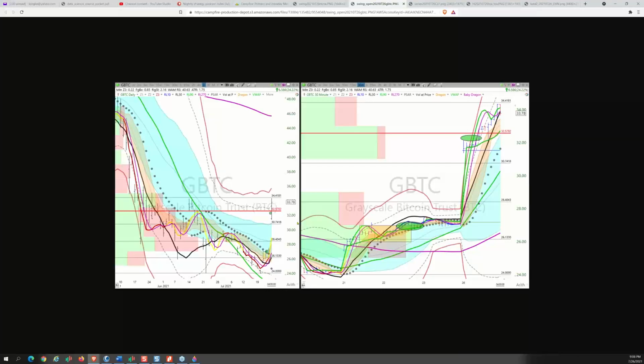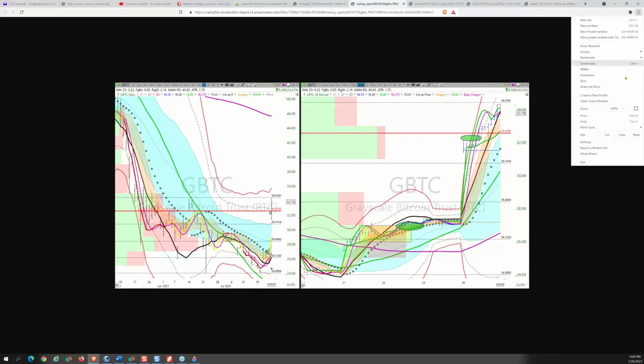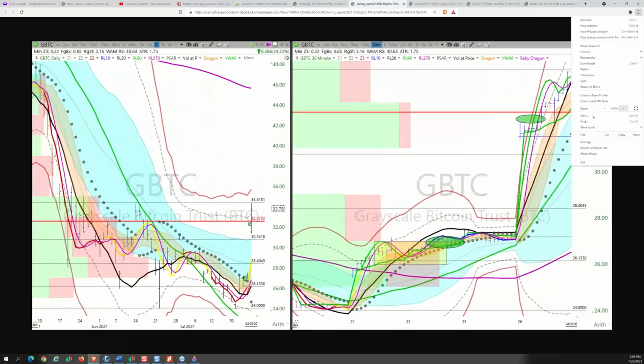This is the Bitcoin Trust. So Ken had the swing at the... How nice is this? Good Lord. Dude, that's just so good. Good things happening to bad people. So he notices in Bitcoin Trust the harsh winter, crosses the baby dragon, enters the dragon, crosses the dragon, leaves the dragon, winter turns to spring, and he buys the price leaving the dragon, which is really the PSAR -1, enters here, and then gets a favorable treatment.